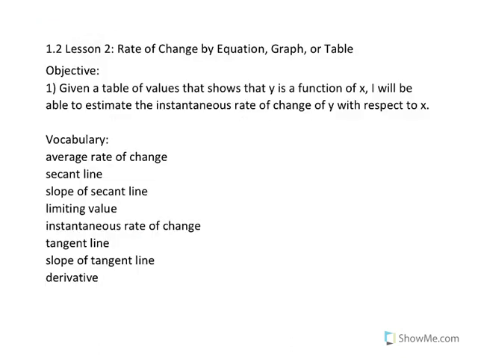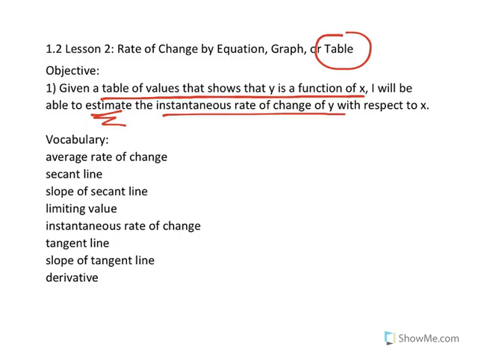So today we looked at calculating a rate of change by looking at a table that's given. So given a table of values that shows that y is a function of x or t, you will be able to estimate the instantaneous rate of change of y with respect to the independent variable.